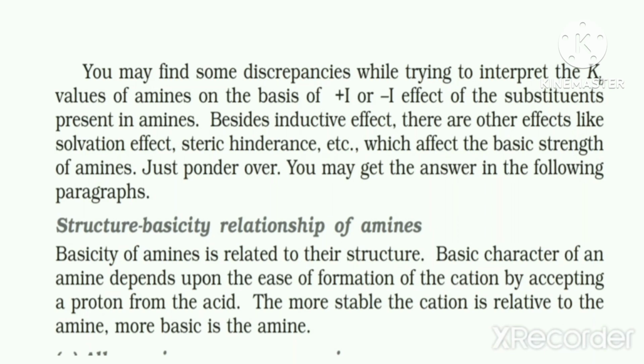The basic strength of an amine depends on the ease of formation of the cation by accepting a proton from an acid.